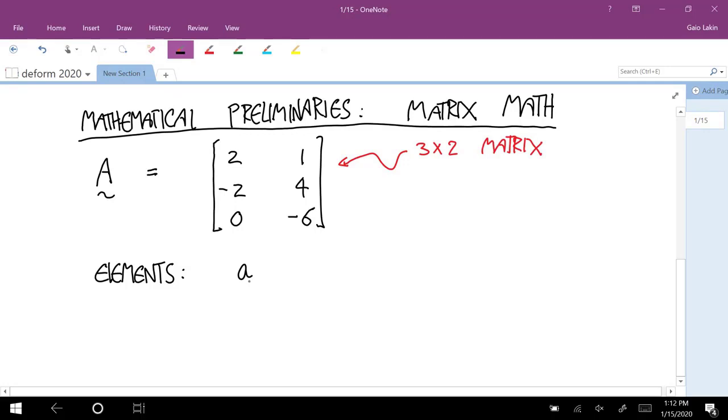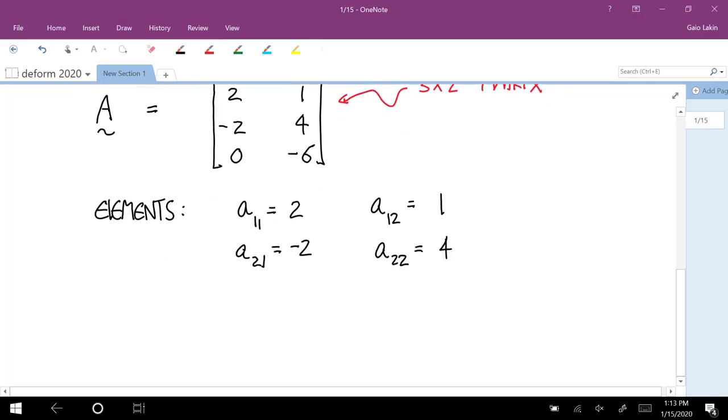So for example, element 1,1 is 2. Element 1,2 is 1. Element 2,1 is -2. 2,2 is 4. 3,1 is 0. And 3,2 is -6.